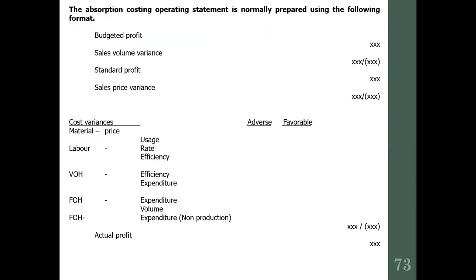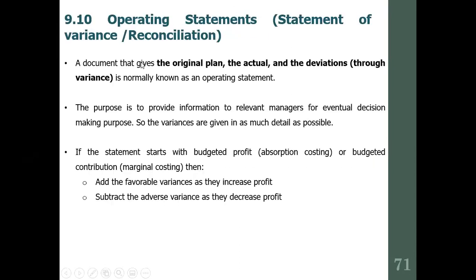If I'm to show you the structure, it's like this. You start with the budgeted profit, then you put all the variances, and you end up getting the actual profit. So in essence, you can compare the budget versus the actual and the deviation. That's what it shows in the operating statement.